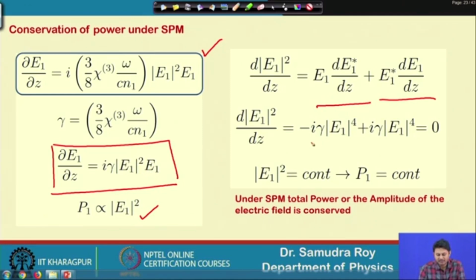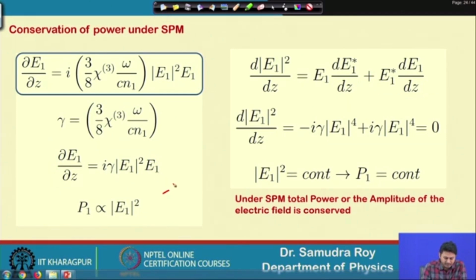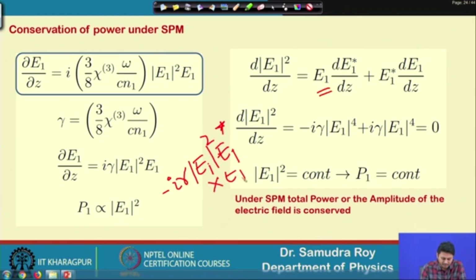So, eventually we will have minus i gamma mod of E1 to the power 4.